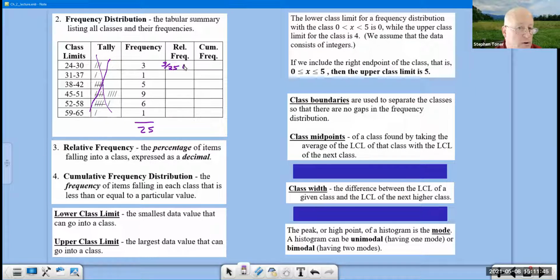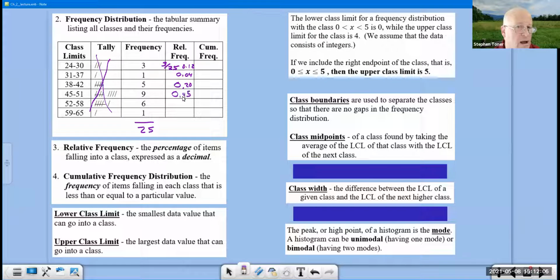Well, that is 0.12. And then 1 out of 25, that is 0.04. And then we have 5 out of 25, that is 1/5 or 0.20, etc. 9 out of 25, that'll be a 0.45.